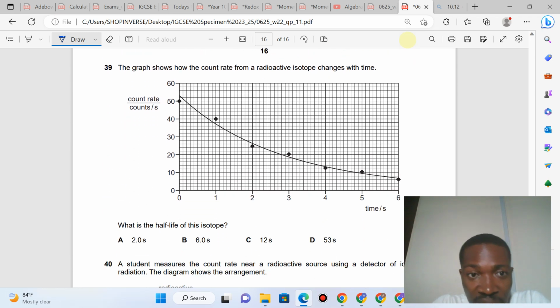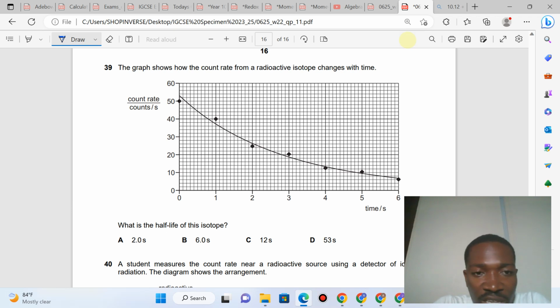Question 39. The graph shows how the count rate of a radioactive isotope changes with time. What is the half-life of the isotope? Half-life is the time taken for half of the material to disintegrate.